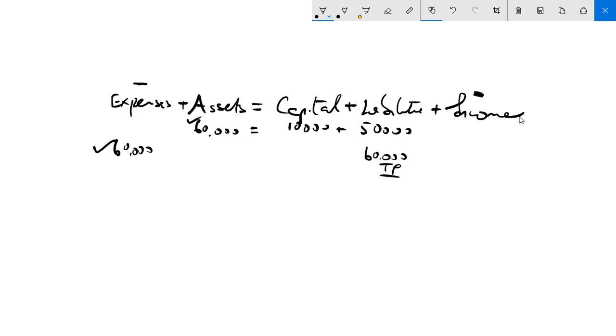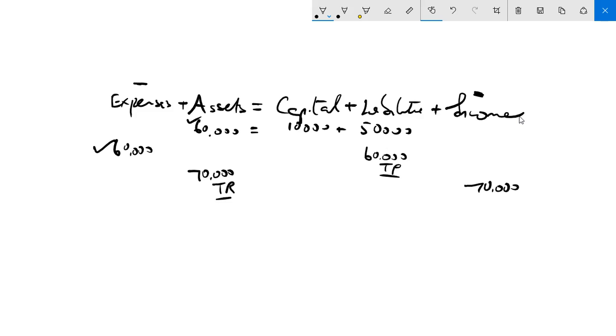Now, it's very possible for you to sell goods on credit, which is why we recognize the fact that you have sold the goods, but you don't actually get any money. You get a piece of paper, like the invoice, saying that you are owed 70,000, and that's referred to as a trade receivable. So you can see here that the money in the bank is still 60,000.